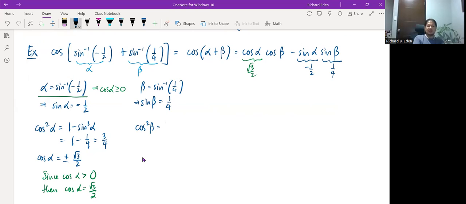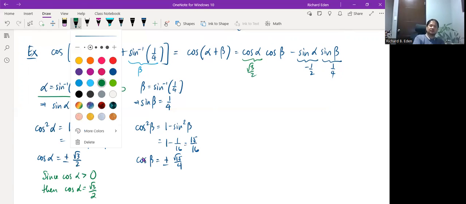Cosine squared beta is 1 minus sine squared beta, 1 minus 1 over 16, so 15 over 16, which means cosine beta is plus or minus the square root of 15 over 4. Which is it, the positive answer or the negative answer?